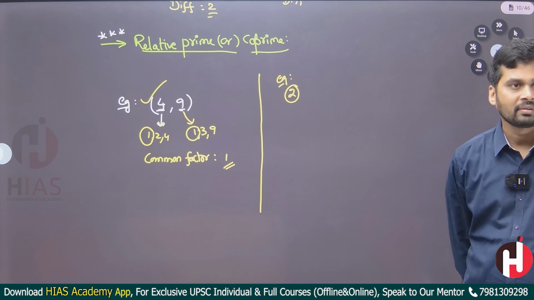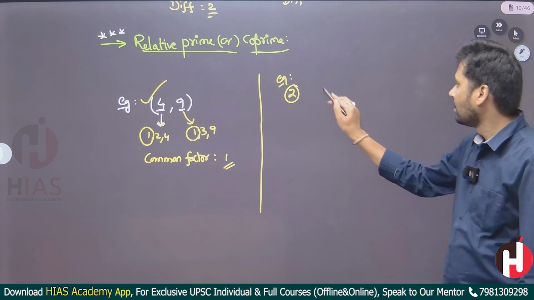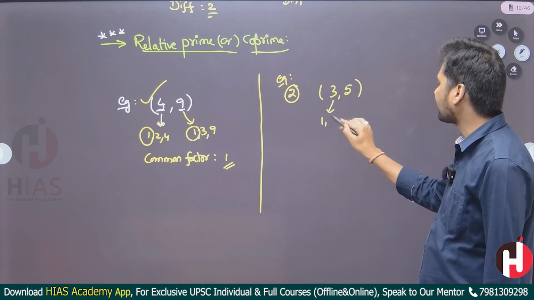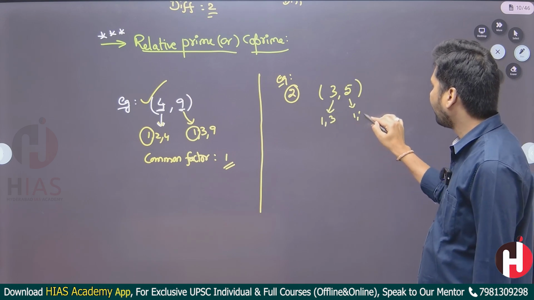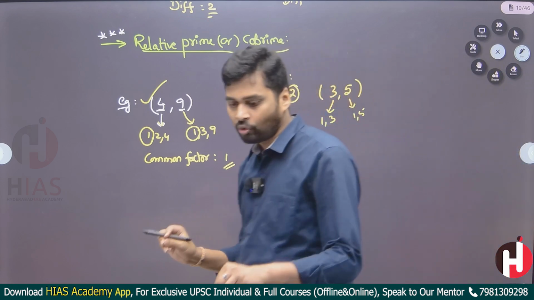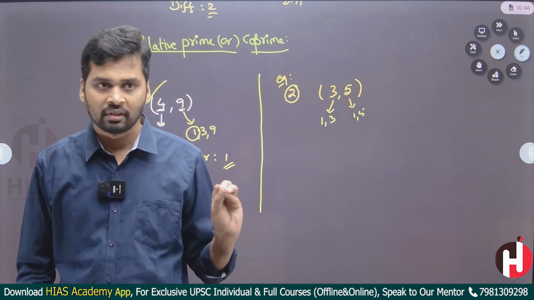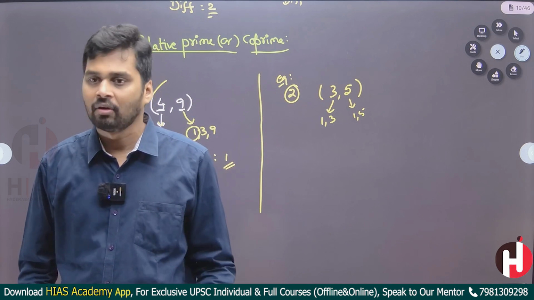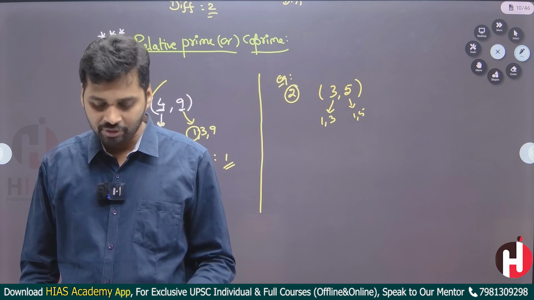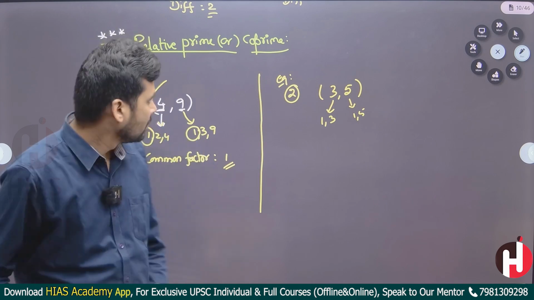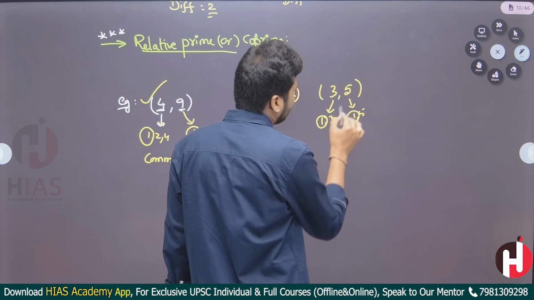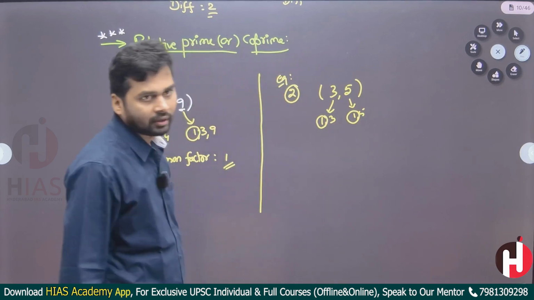You can take any numbers. 3, 5, yes. The factors are 1 and 3, 1 and 5. This is very, very important. In most problems we'll use the concept of relative prime. We should have only one common factor. So for 3 and 5, the common factor is 1.